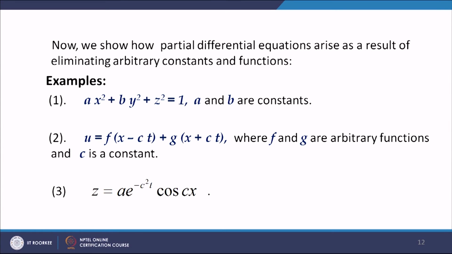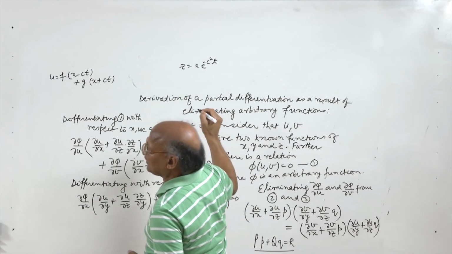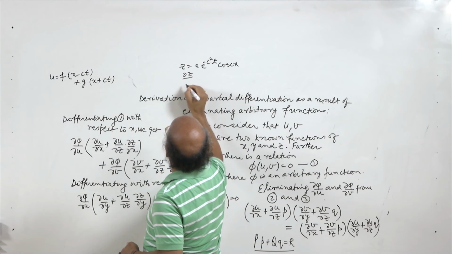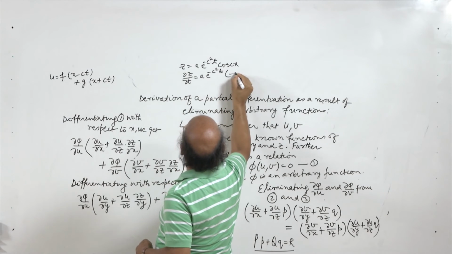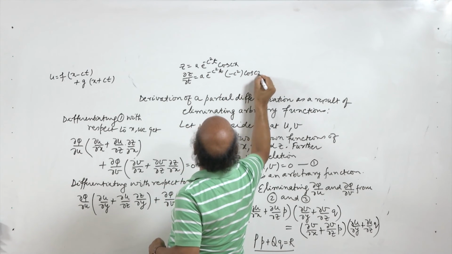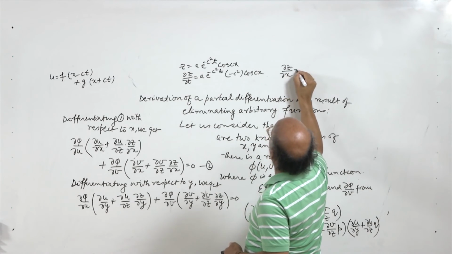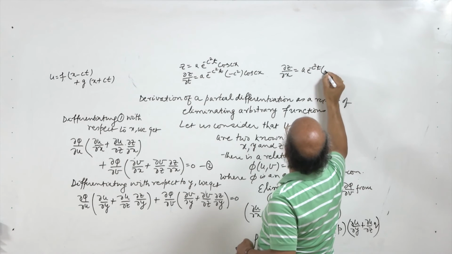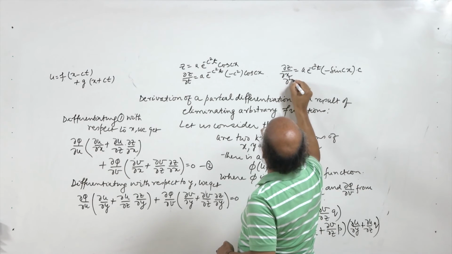So, this will give you the partial derivative with respect to t as a e to the power minus c²t into minus c² cos cx, and when you differentiate z with respect to x, what do you get? When you differentiate again, what do you get?